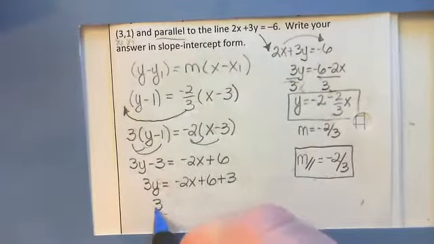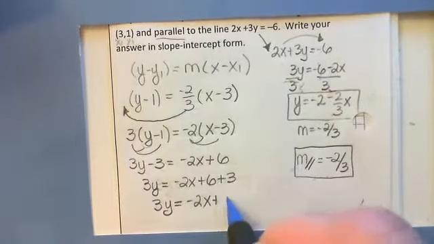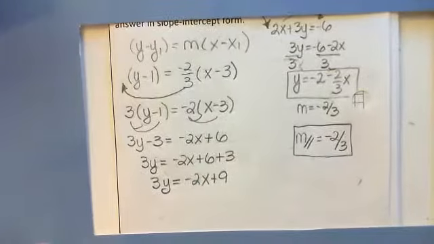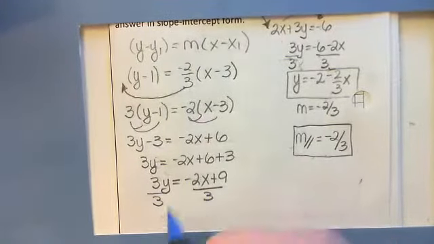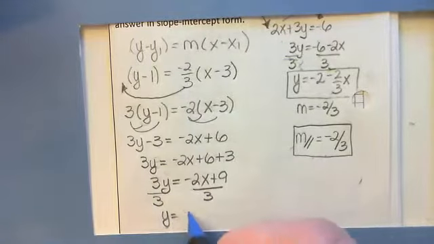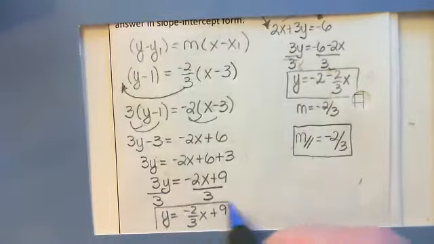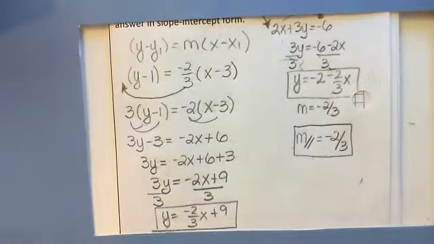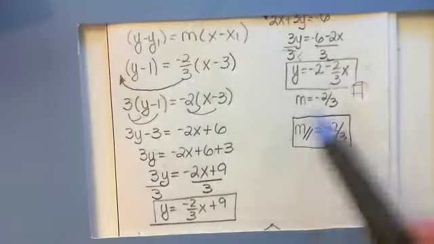And we're going to combine like terms, so it will be 3y equals negative 2x plus 9. And to get the y alone, we're going to divide it by 3. So y equals negative 2/3 x plus 9. Alright, so that will be the equation of the line that goes through that point and is parallel to this line.